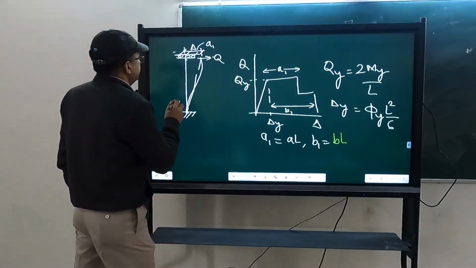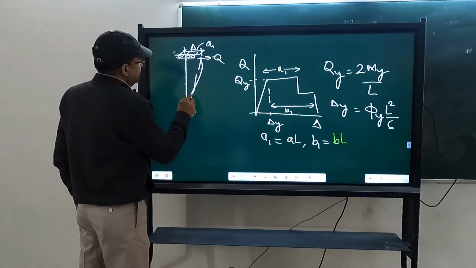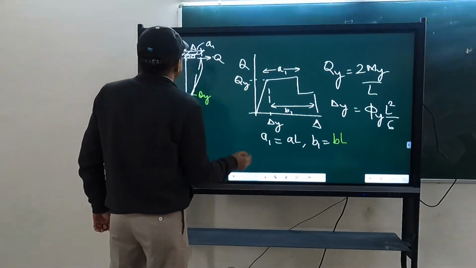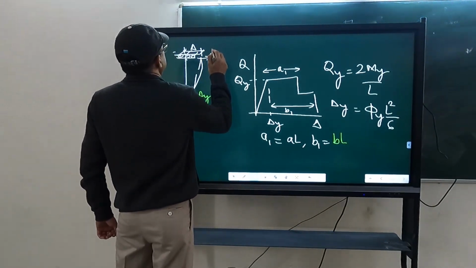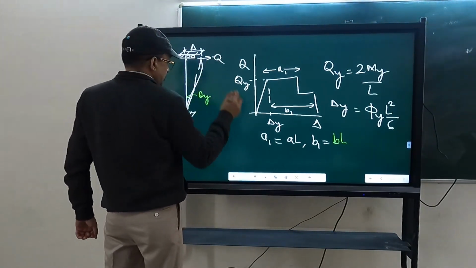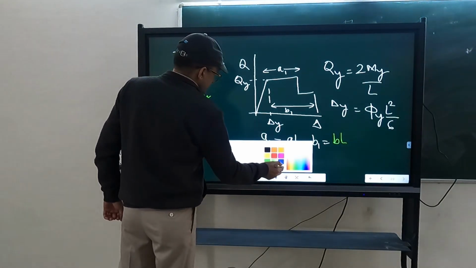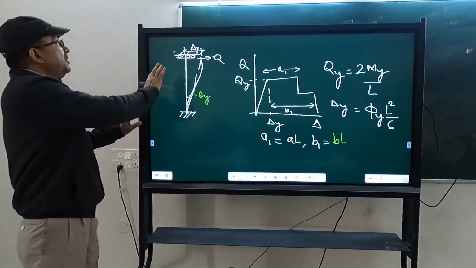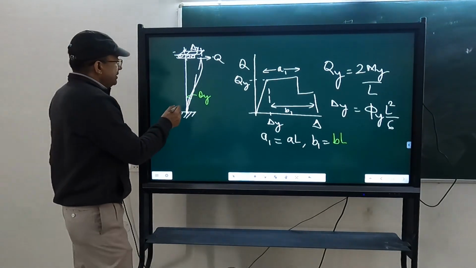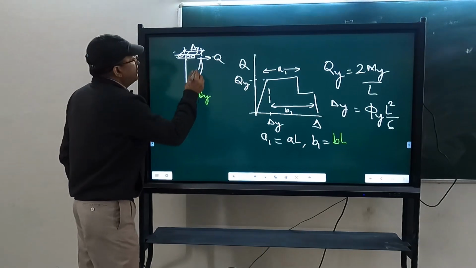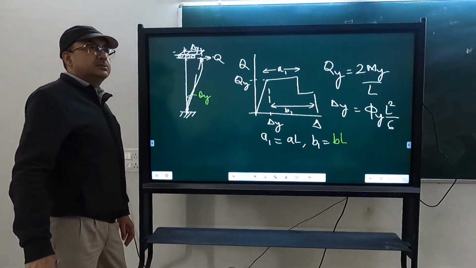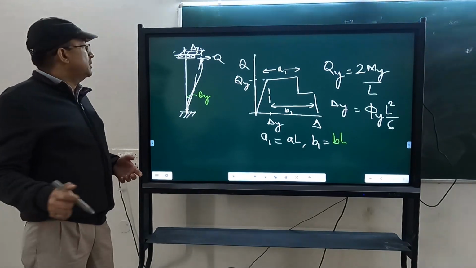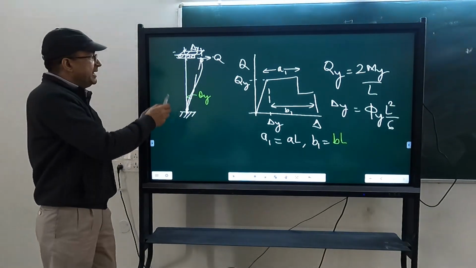Okay. So what is this? This is theta Y. And how much is this? This is delta Y. Yield is occurring at this point. Okay. Then after yielding, what happens? The hinges form here. What will happen beyond that? Rigid body rotation. So the deformed shape will be like this only.